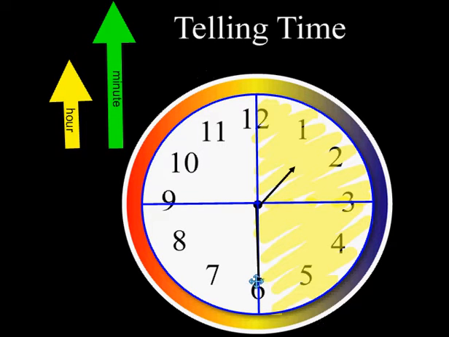Now, if we keep going, and now that minute hand is on the 9, we can actually say that it's 3/4 of the way around the clock at 1:45.